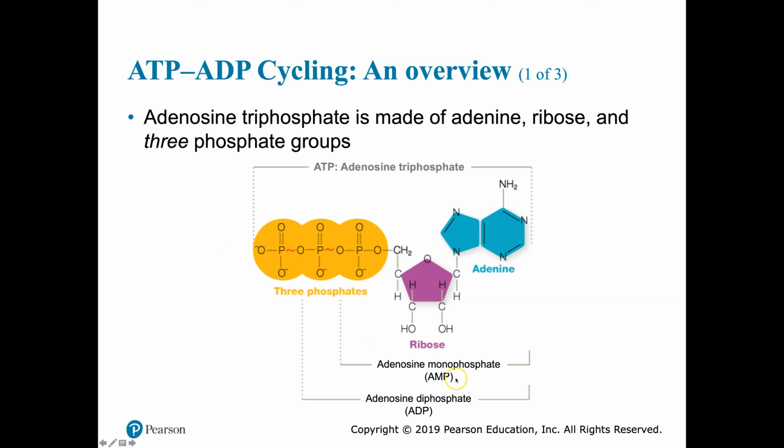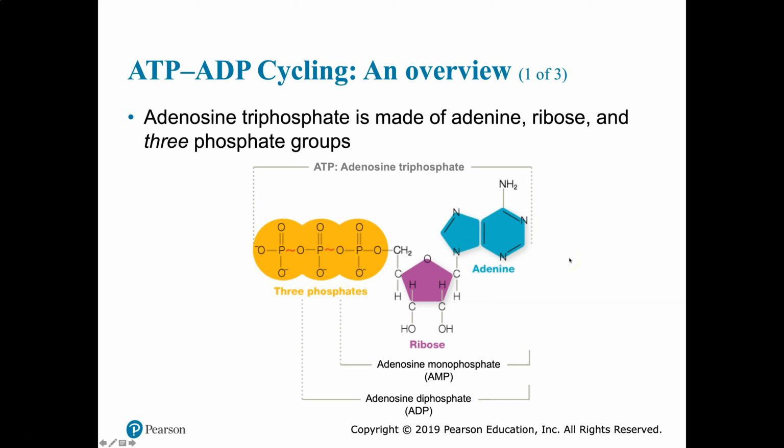Adenosine monophosphate, AMP, we're not really going to talk about. Adenosine monophosphate, yes, is very important, but we're just going to focus on ATP and ADP and how cells constantly take ATP, break it down to ADP, build it back up to ATP, break it back down to ADP, so on and so forth.